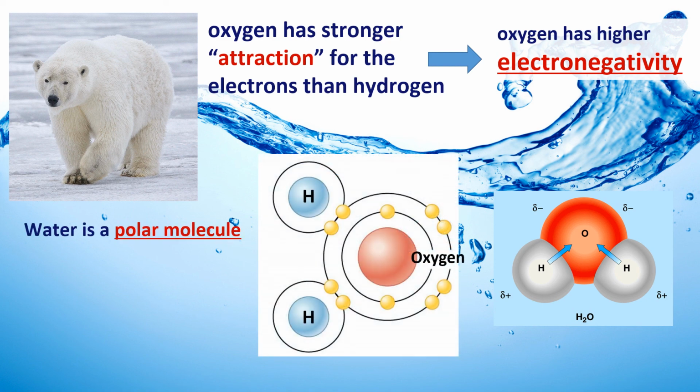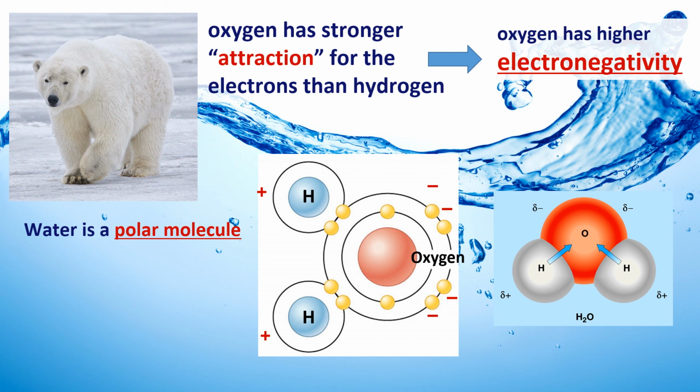Now, what do we mean by the poles? Well, kind of like a magnet. The Earth is a large magnet, and it has a north end and a south end. That's the poles. You can think of them as a plus end and a minus end, like a battery. Well, oxygen, because of its high electronegativity, kind of hogs some of the electrons to itself, and makes the oxygen a little bit more negative than the hydrogens.